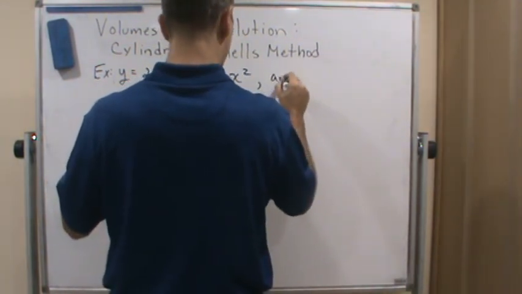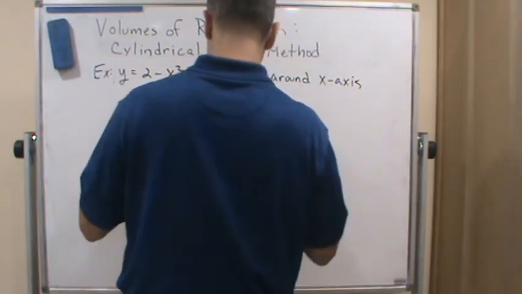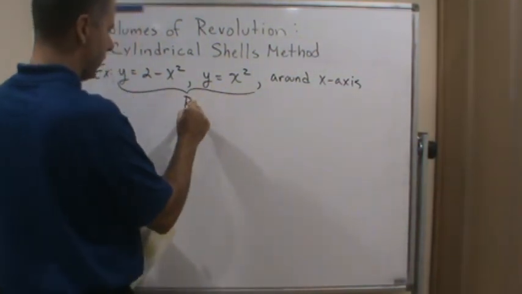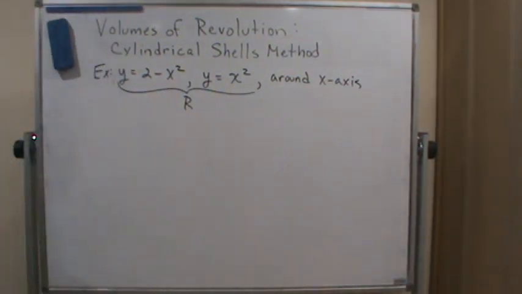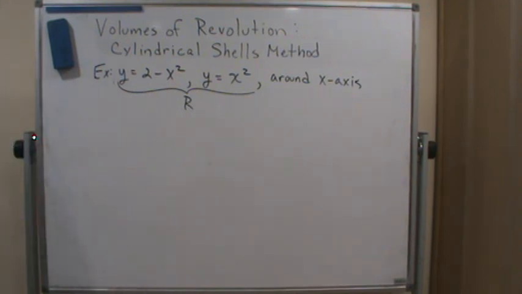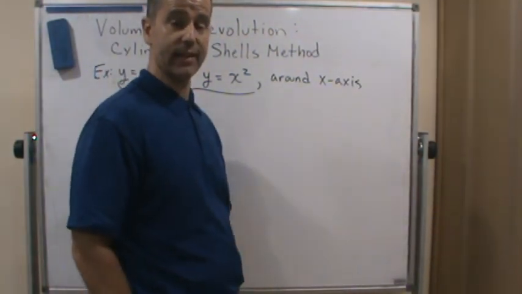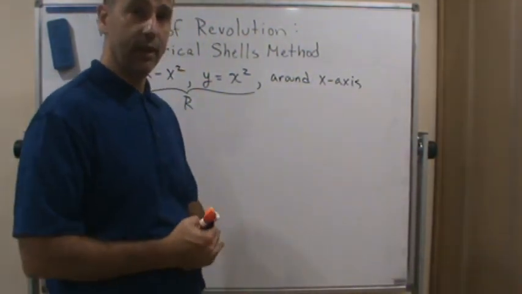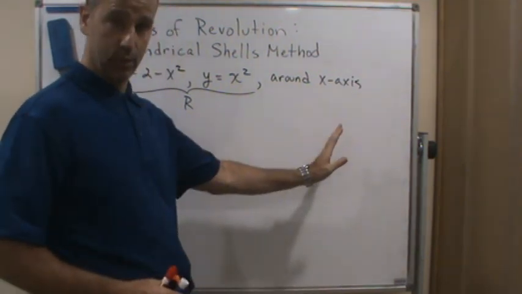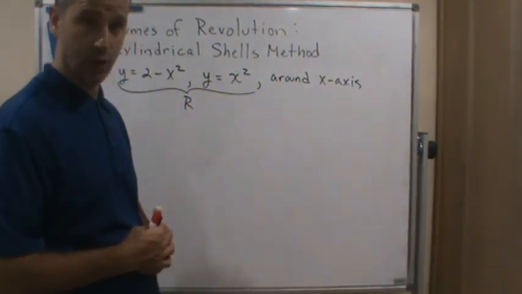And we're going to go around the x-axis. So this is the region. So the region R is bounded by these two curves. So you have to figure out what that looks like. And then based on that, and the fact that we're going to rotate around the x-axis, decide which method would be best, and then write out the integral. Don't evaluate it, just set it up, and that's all you have to do.